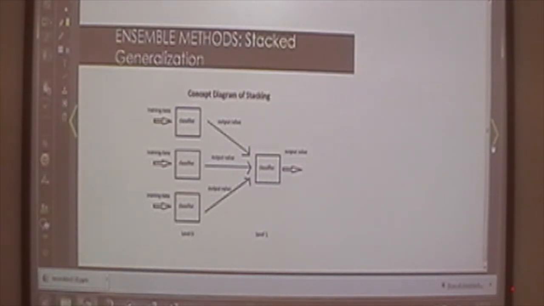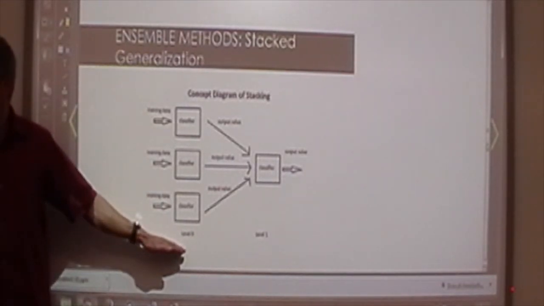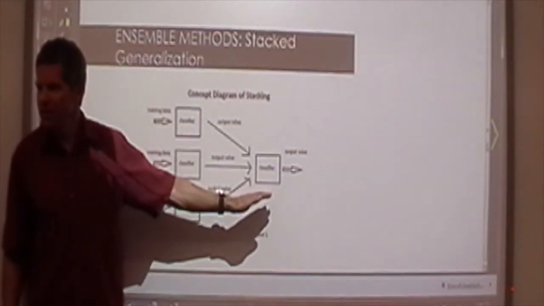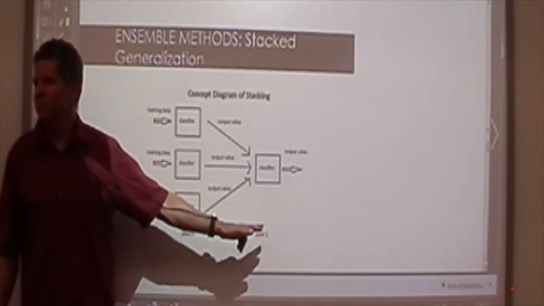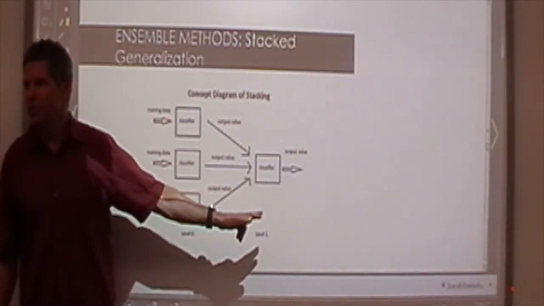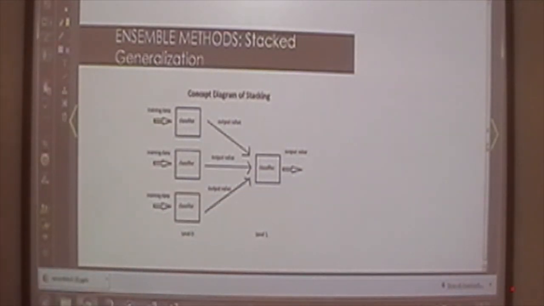Okay. And yeah. So if you had another level 1 classifier and then a level 2 classifier, would all the level 0s go into both of the level 1s? Or would you have some go into one level 1 and some go into the other, or something? Well, if you had the same ones going in from level 0 to level 1, and if you repeated those down here, you'd end up with exactly the same classifier at the level 1. Well, I was saying, like, you've got more than one level 1 classifier and going into like a level 2 classifier.